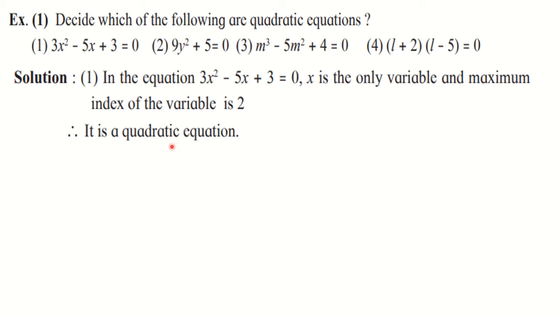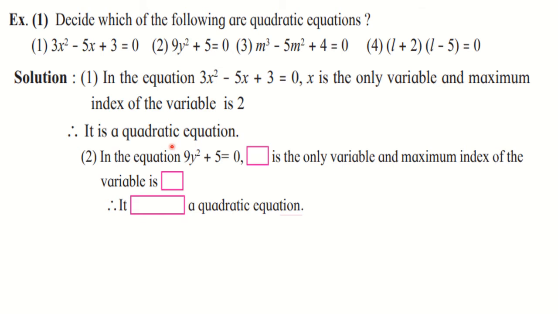Okay. Now question number 2. See here, it is again an activity based question. As I have said, it can be asked for 1 mark. So here also the equation is written and you have to write here about the variable. So which is the variable here? Y. So in the first box you will write here Y. Got it? So Y is the only variable.